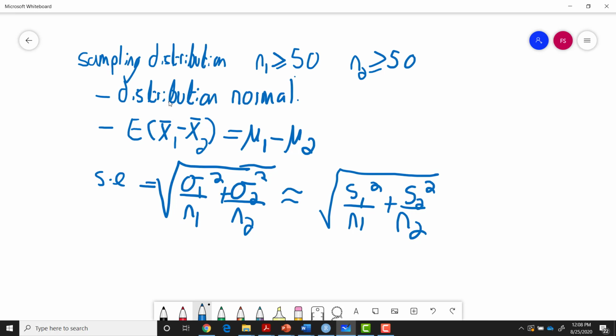So what we're going to do is we're now going to think of this in terms of a confidence interval. So this is the sampling distribution. It's centered around mu1 minus mu2. And we have a lot of X bar 1s minus X bar 2s.